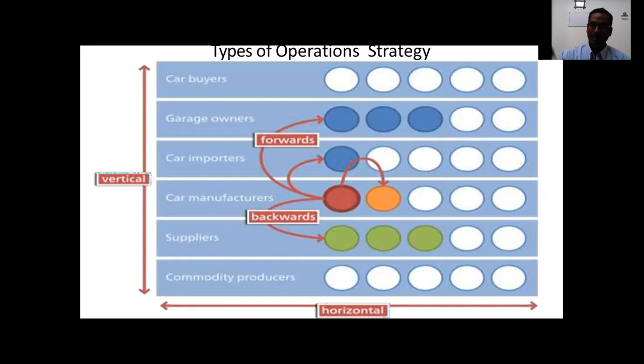In other words, they import or export to other countries, so they become their own importer. They are going forward one step, and they also have garage owners or a retail showroom to reach the customer. So in this example, they are going one step backward, that is backward integration, and two steps forward, which is called forward integration, as a car importer and a garage owner.